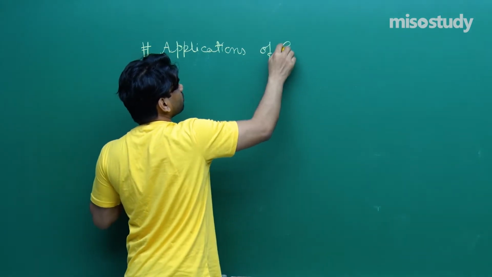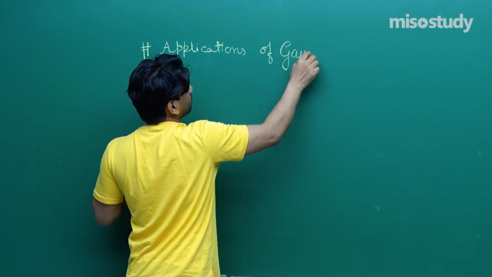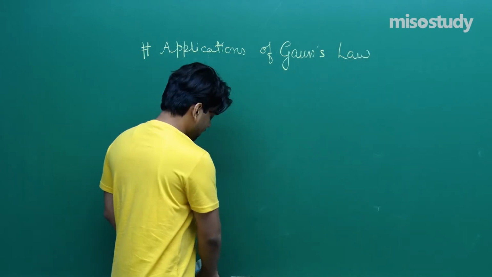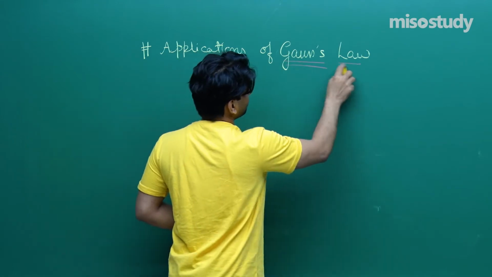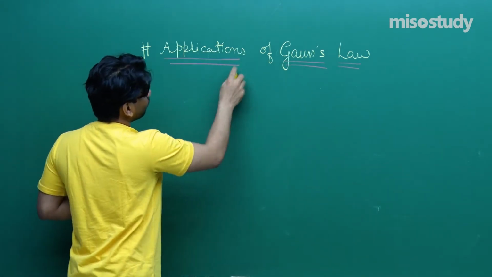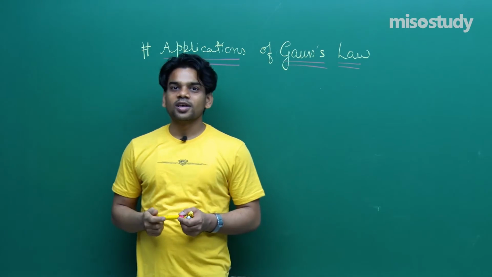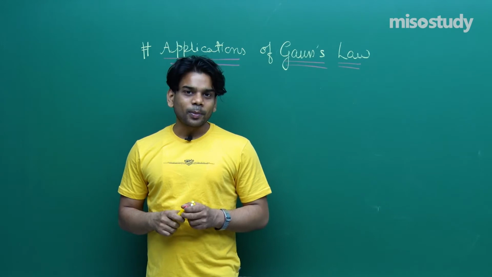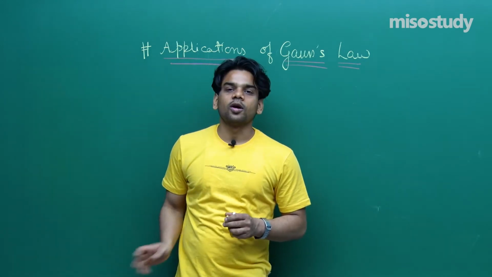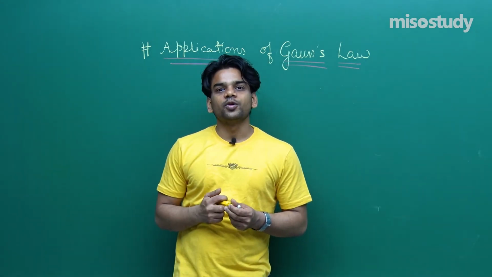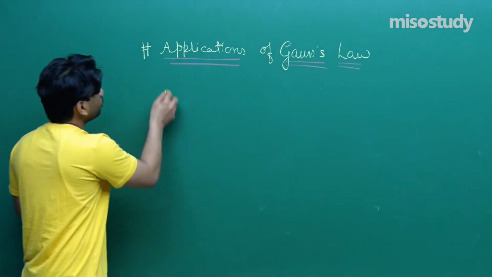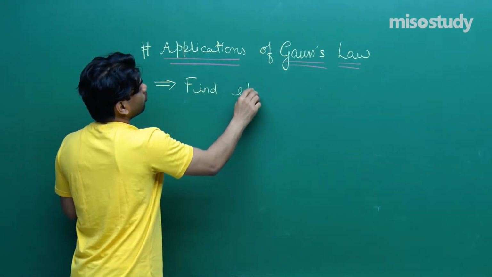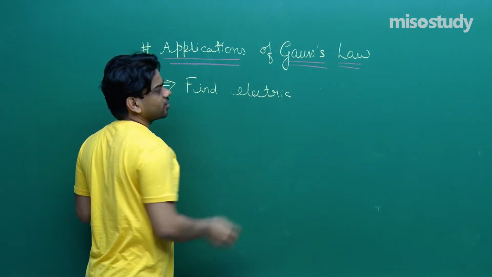Gauss law can be used at many places. Wherever you find a continuous distribution of charges, you may use it to evaluate the electric field due to that charge system. So we will be using Gauss law to find the electric field due to continuous distribution of charges.